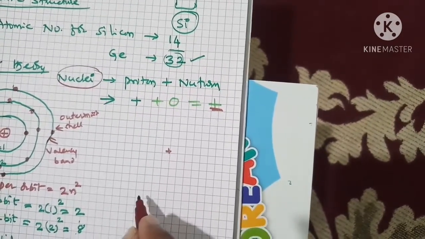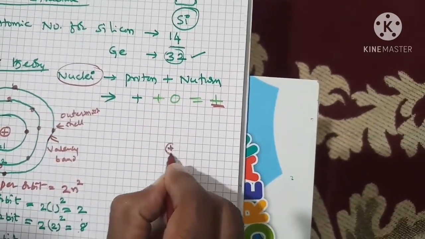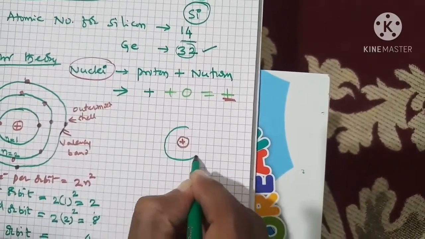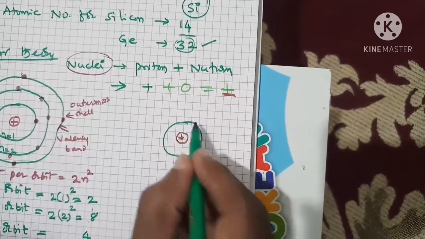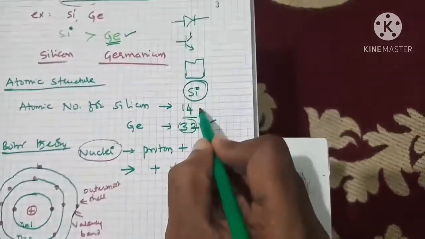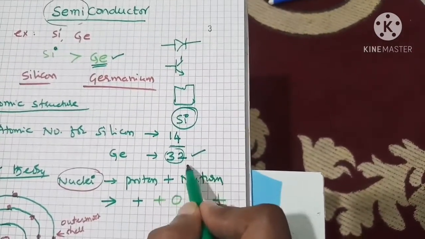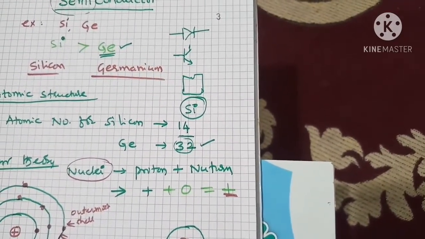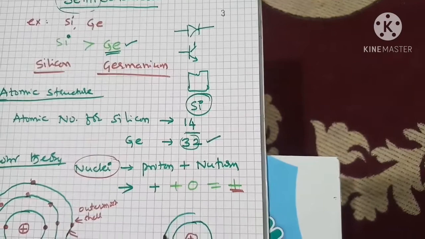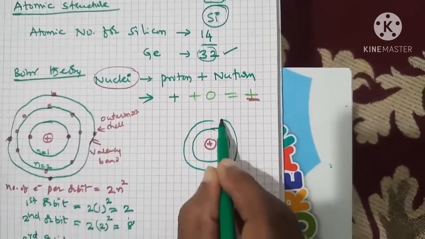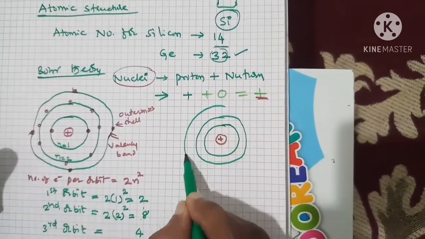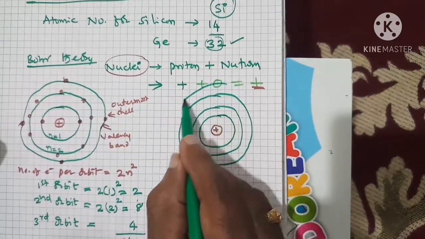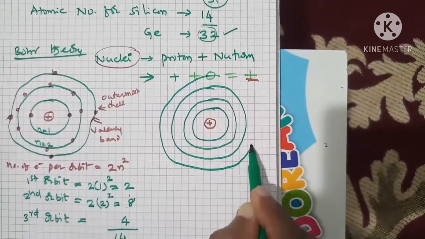You place the nucleus at the center and draw the orbitals. Since silicon has atomic number 14 and this is 32, definitely the number of orbitals will be more in germanium. So this is orbital 1, this is orbital 2, this is orbital 3, and this is orbital 4.